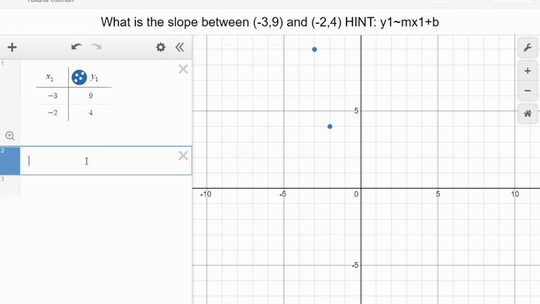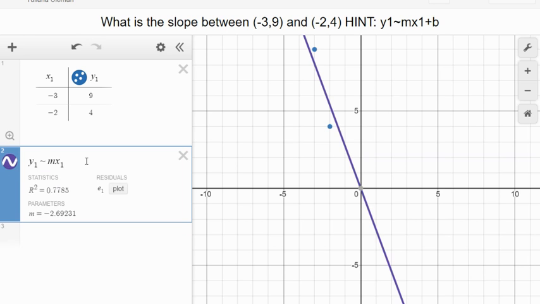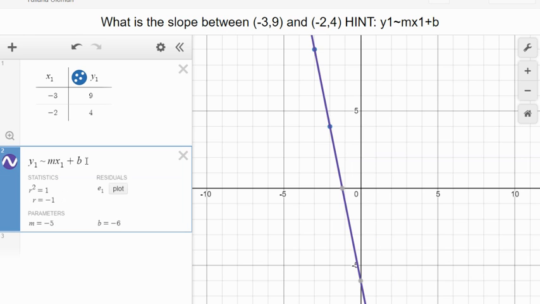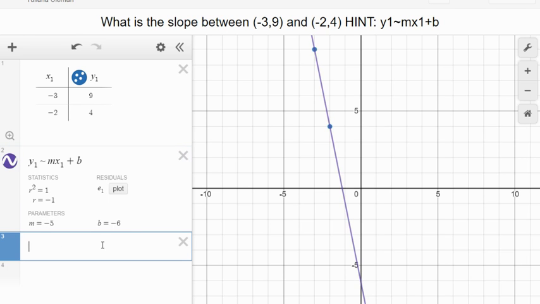And then the only thing I have to do is press Y1, my little squiggle, so shift and the button next to 1, MX1 plus B. Okay, and then from here, I know that my slope is -5 and my y-intercept is -6. So if they ask me for the slope, the answer would be -5. If they ask me for the equation, it would be y equals -5x plus, or -6, sorry.